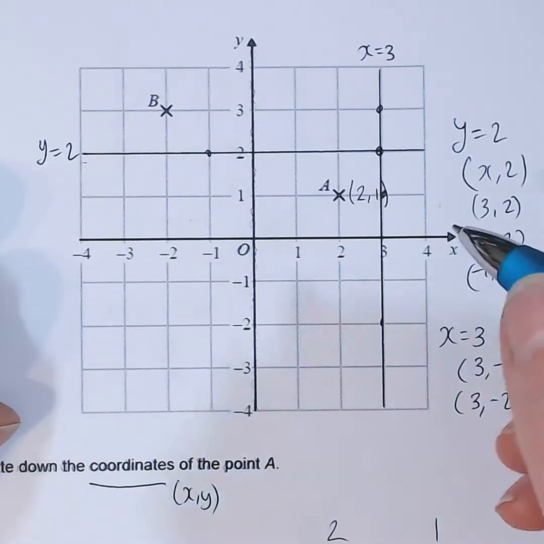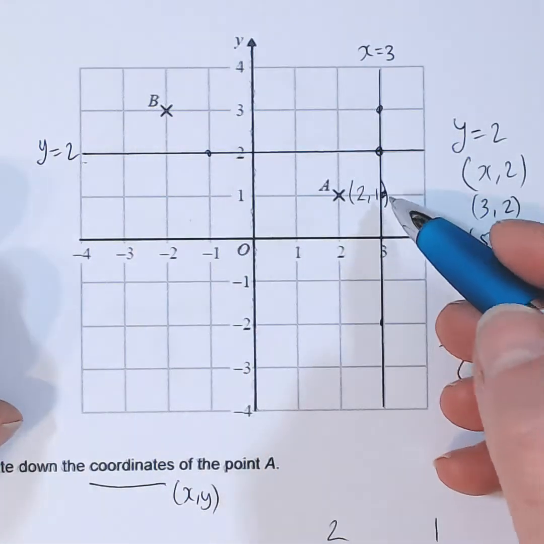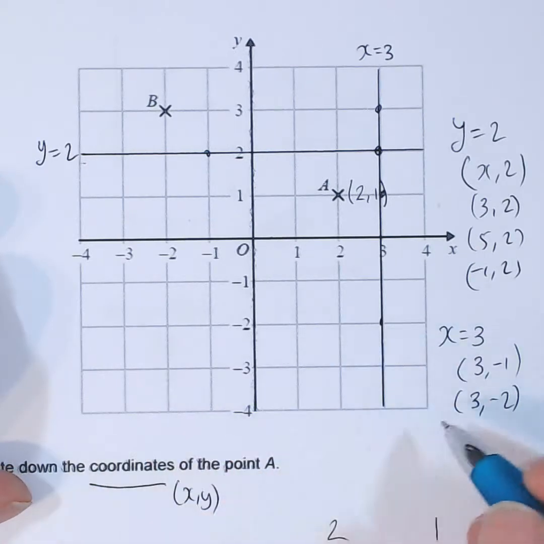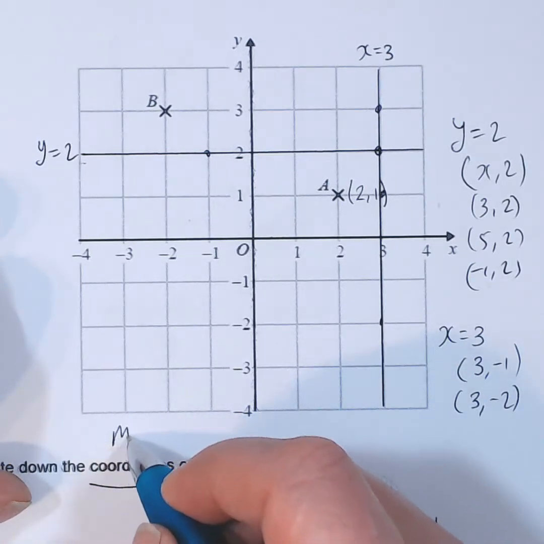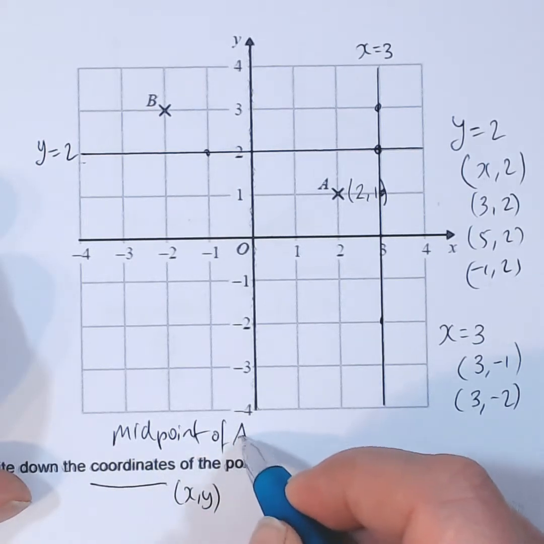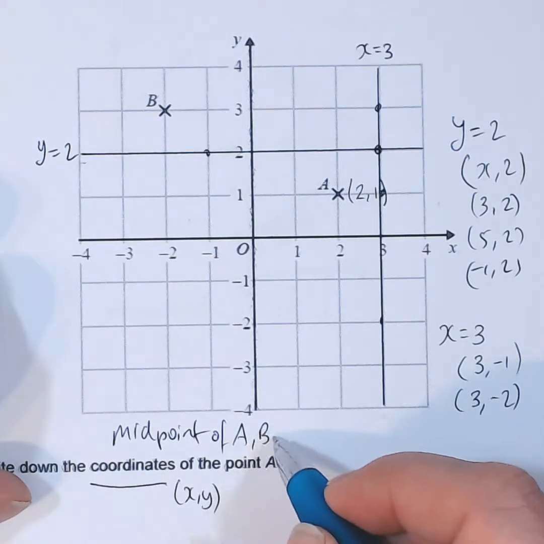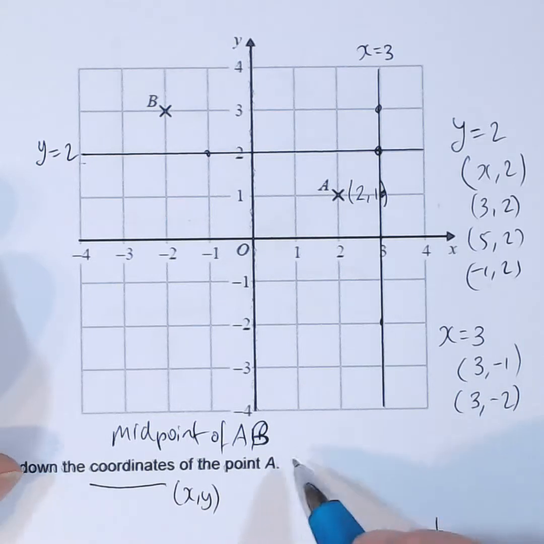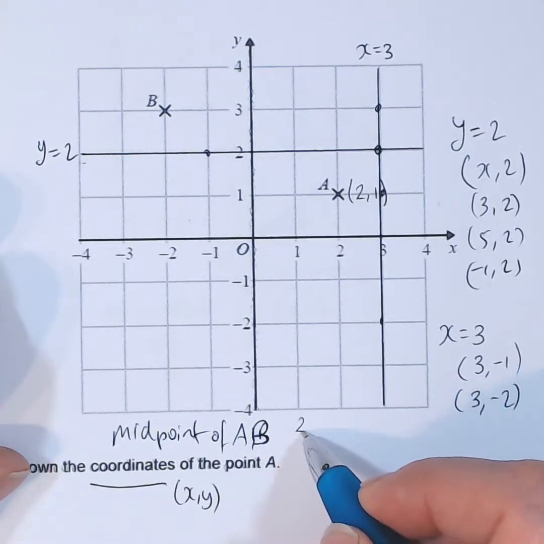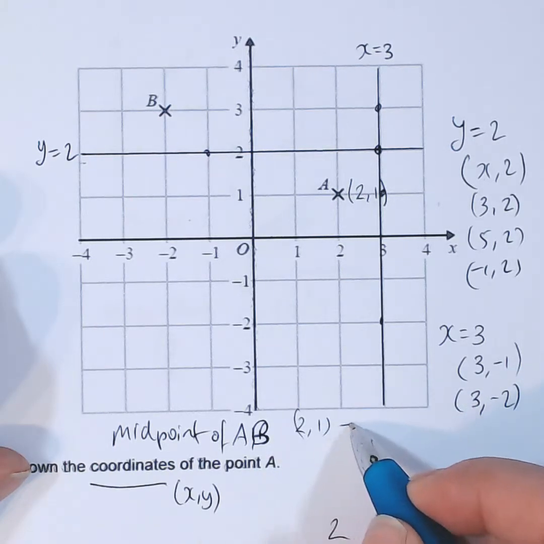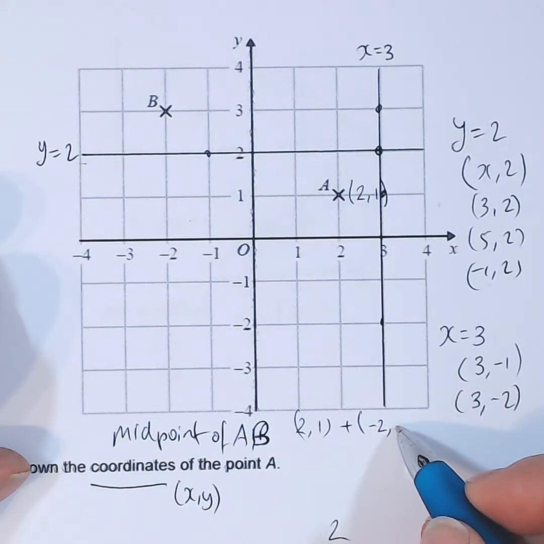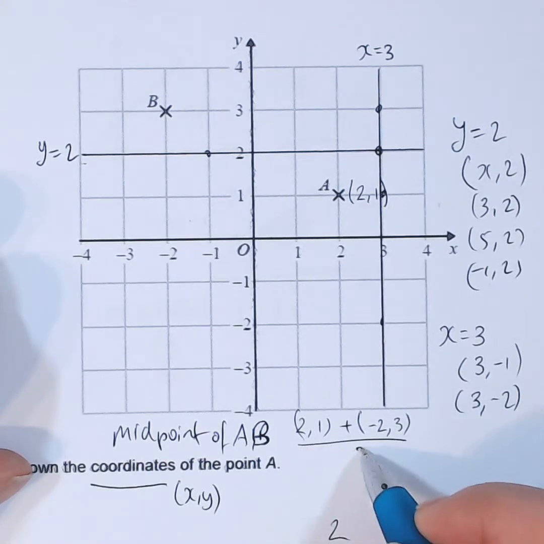Now, if the exam question said what's the midpoint between A and B, so if we want to talk about the midpoint of A and B, then basically we'd take the two coordinates, so we've got 2, 1, we would add them together and we've got -2, 3, and then we'd halve the value.